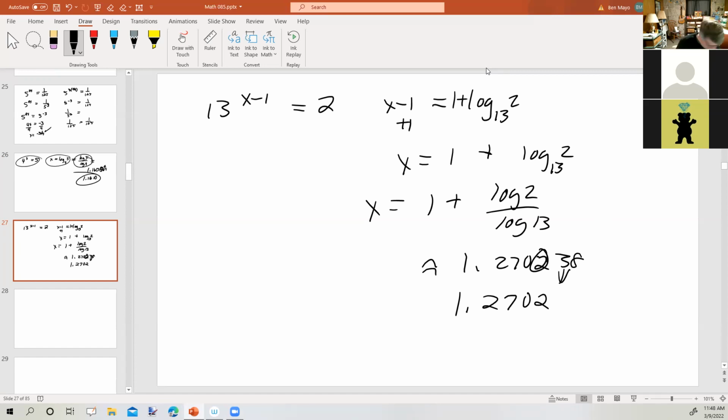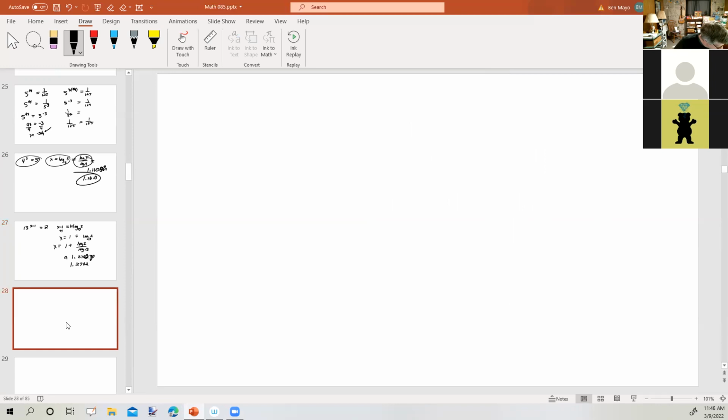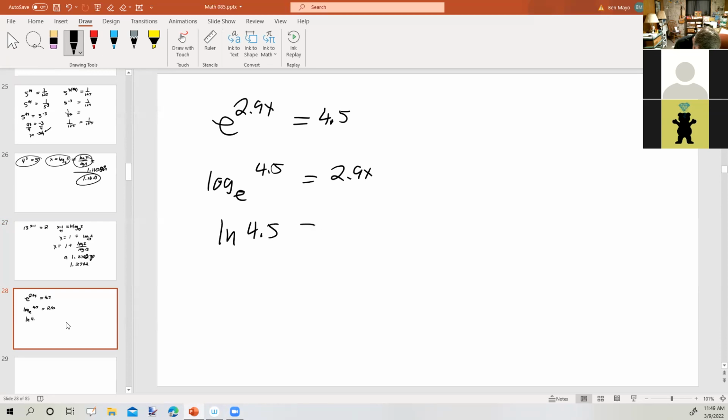All right. Now, here's some other examples, but they involve a base of e. Solve each equation, give the exact solution, and an approximation to 4 decimal places. So e to the 2.9x power equals 4.5. I have no idea how to make 4.5 e to some power. So I'm going to rewrite this as log base e of 4.5 equals 2.9x. But isn't log base e the natural log? So I've got that. Divide both sides by 2.9.